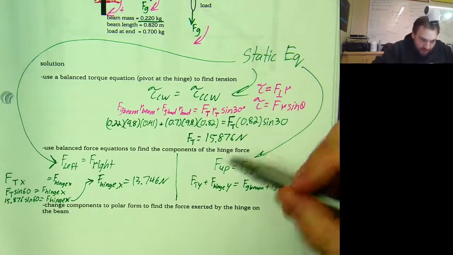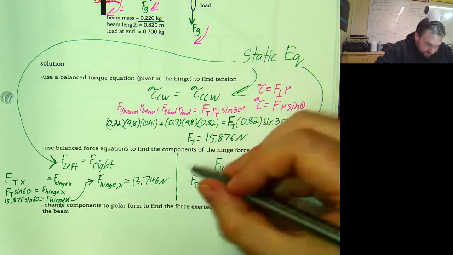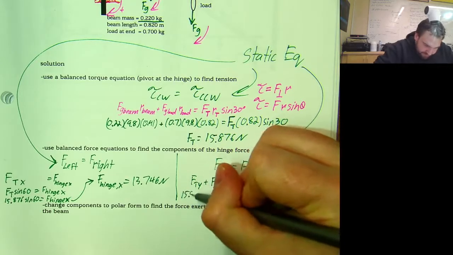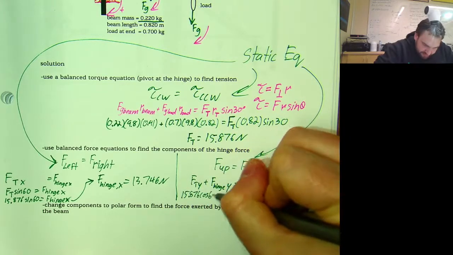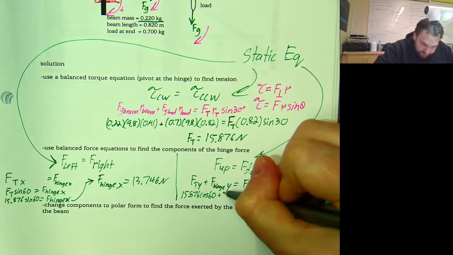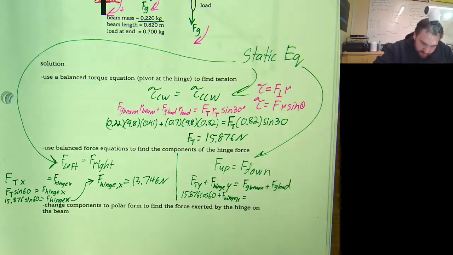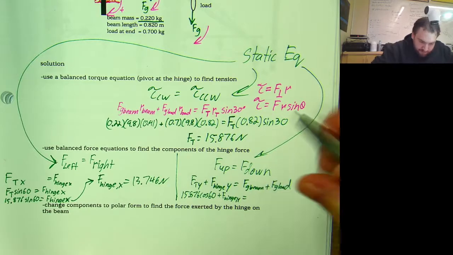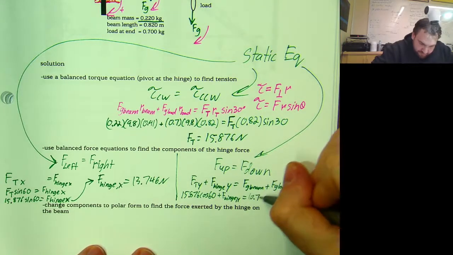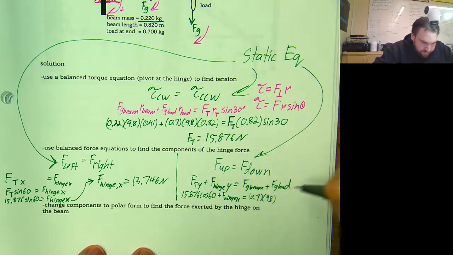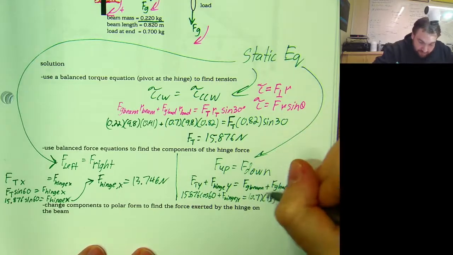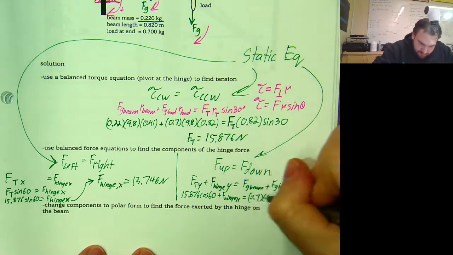And then my FTY is going to be 15.876 cos of 60 plus F hinge Y, what I'm looking for here, equals FG beam, which is 0.7 times 9.8. Nope, oops, sorry, that's the load.